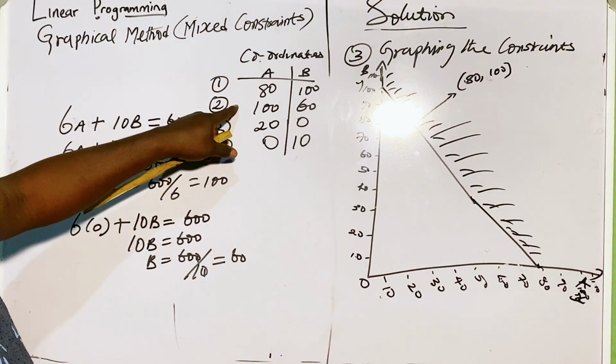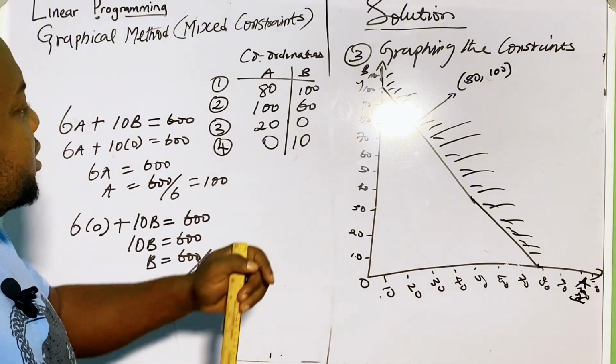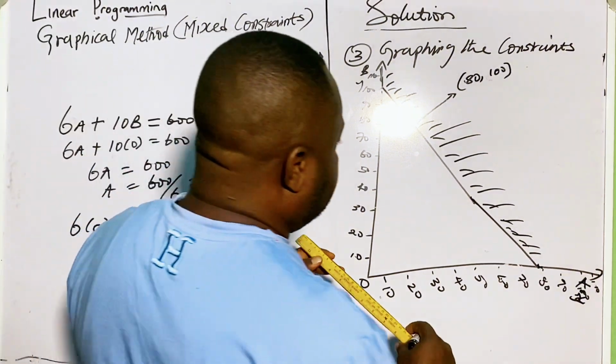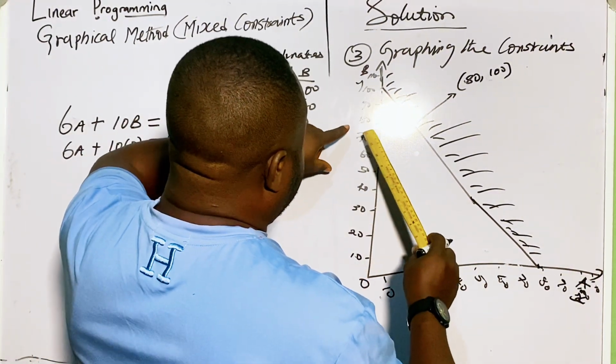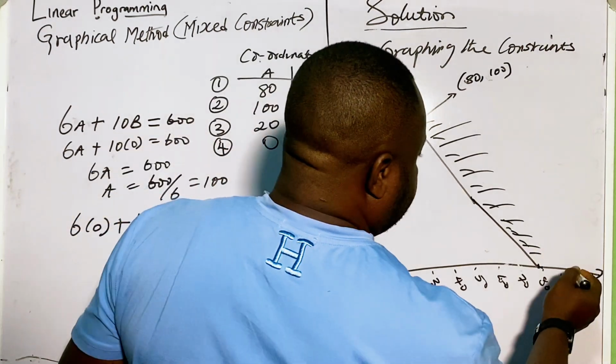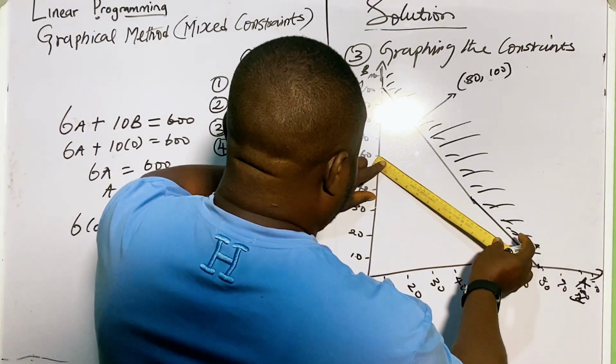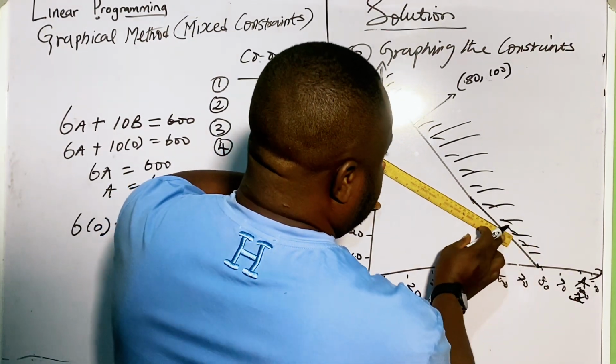So at point 2 we have 160 when A is 100. When A is 100, that is this point, B is 60. So we're going to find a way to link this.